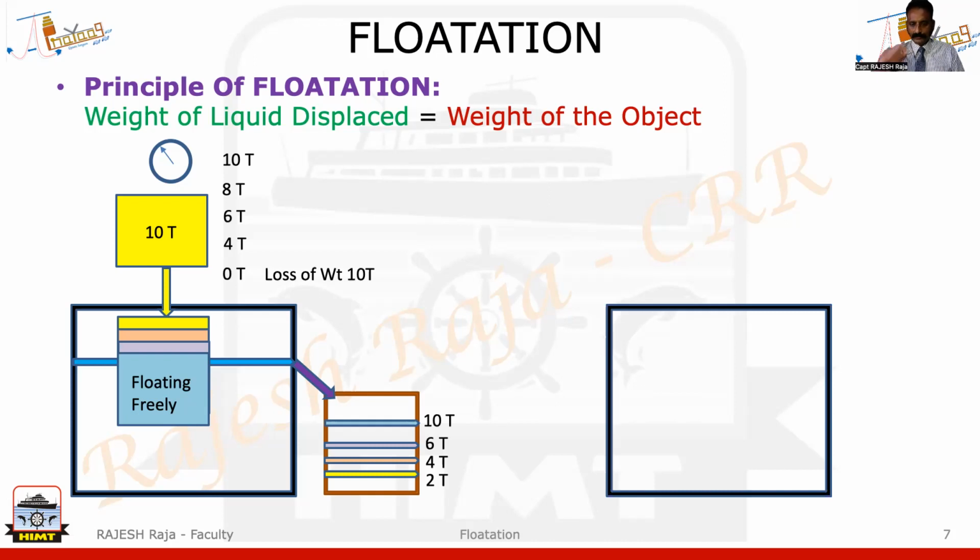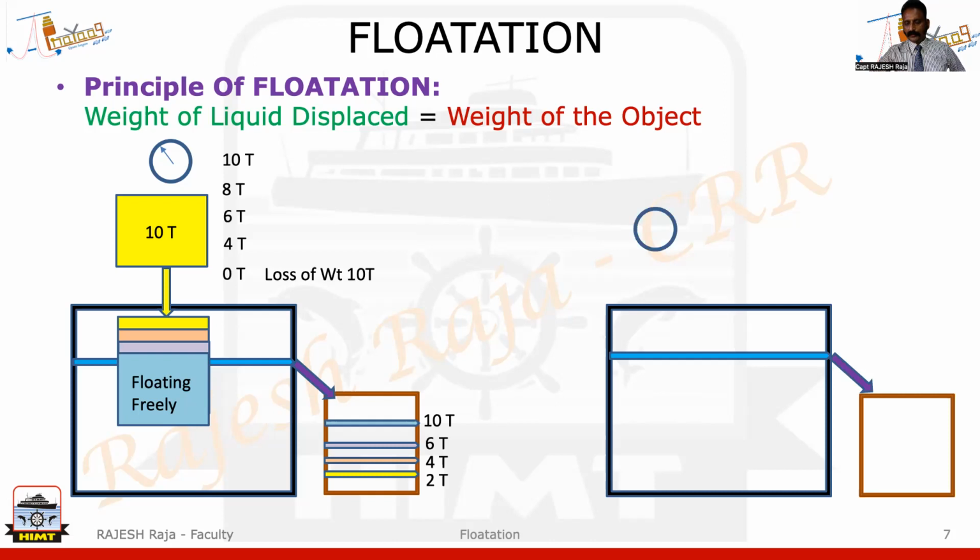I'm going to show you 2 more examples based on flotation to confirm this. Let us assume again, similarly, this tank is there. And I again have this overflow, and I'm going to take again a crane. This time I'm going to purely give you the law of flotation. That means the object is floating. So I have to show you the object is floating freely. Assume the weight of the object in air was 10 tons.